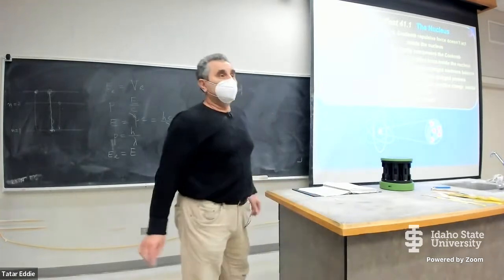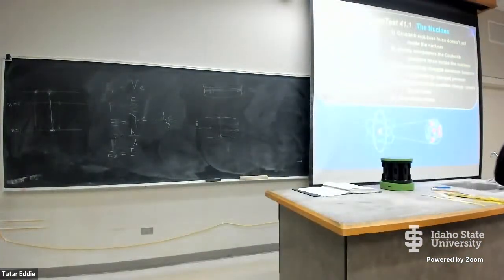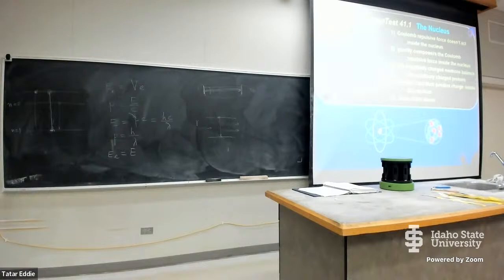Before you choose your answer, this problem is asking you this. You have an atomic nucleus with multiple protons in it. Protons carry positive electric charge, and therefore they repel. And since the distance between the protons in the nucleus is very small, the repulsive force, according to Coulomb's law, is very strong.